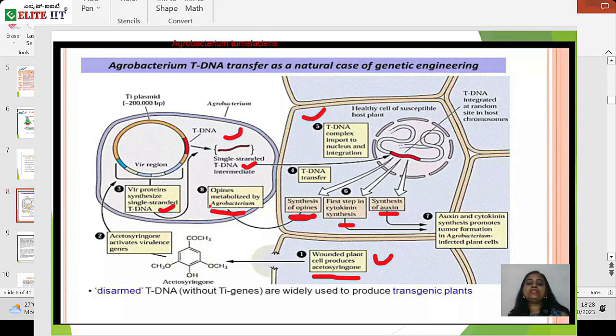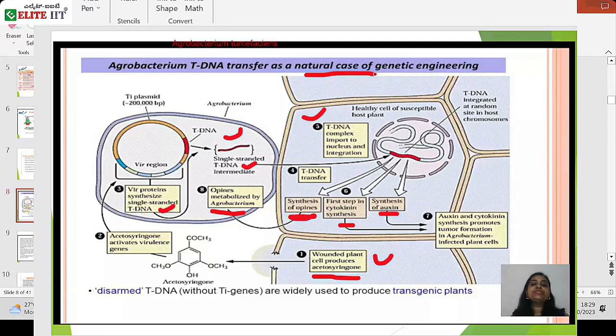Simultaneously, again T-DNA is produced, and it will be inserted into the genome of the plant. So this is the main thing happening during the infection by agrobacterium. Okay. So agrobacterium T-DNA transfer is a natural case. This is happening naturally.